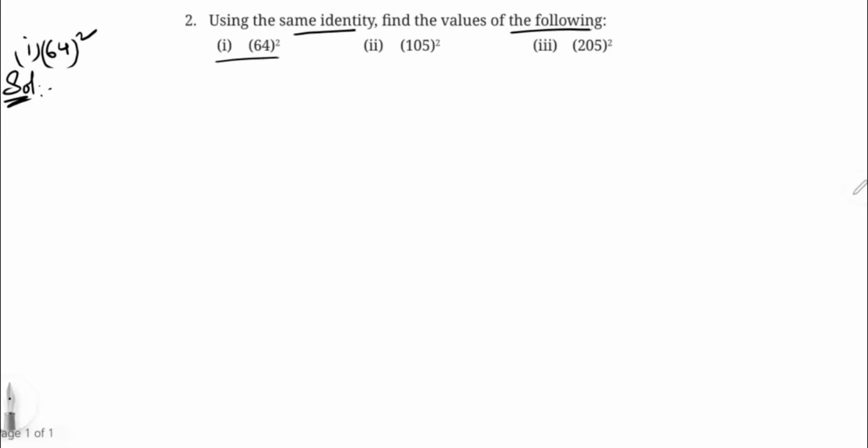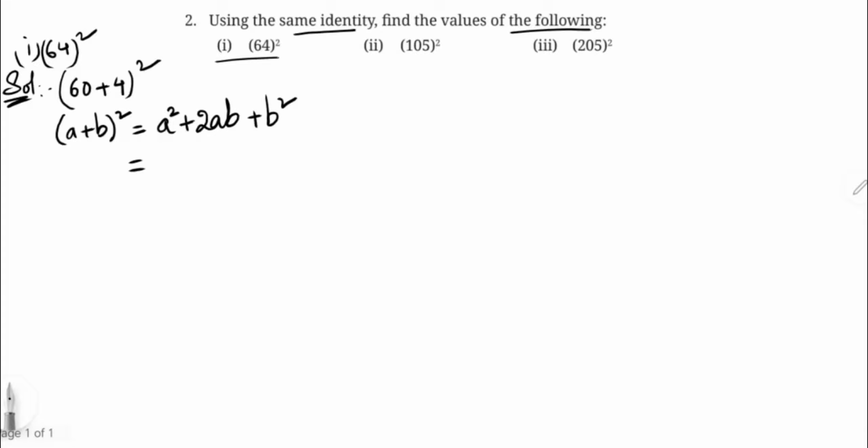So this can be expanded as (60 plus 4) whole square. Okay, so this is in the form of (a plus b) whole square, which is equal to a square plus 2ab plus b square.